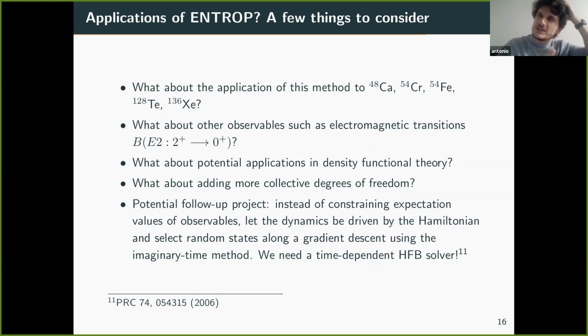So it's basically the exponential of this Hamiltonian applied to a random HFB state, an unconstrained HFB state. So then you wouldn't be constraining anything. The values of these observables can be anything that you want, but then you would be selecting states along a gradient descent followed by this Hamiltonian.